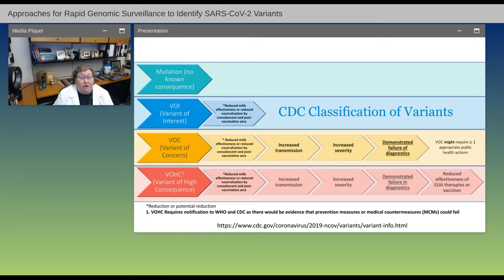The variant of concern is more severe or more of a worry than the variant of interest. It also has increased transmission and increased severity, as does the variant of high consequence, along with demonstrated failure of diagnostics. So here we come into the range where we are being impacted in the clinical laboratory. And then a variant of high consequence, there's really none of these yet, but it would be called if there was reduced effectiveness to any of the therapeutics and medications that are there, or a miss with the vaccine.